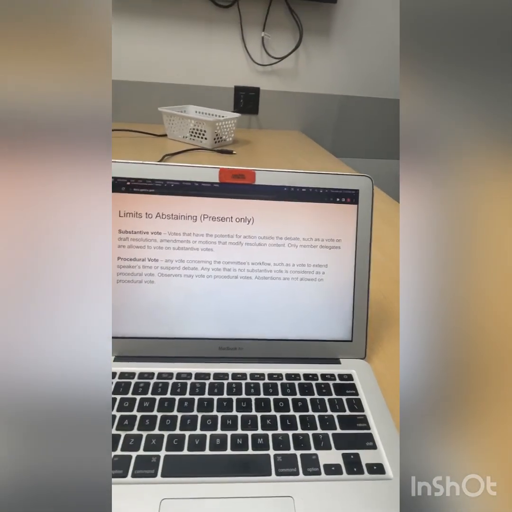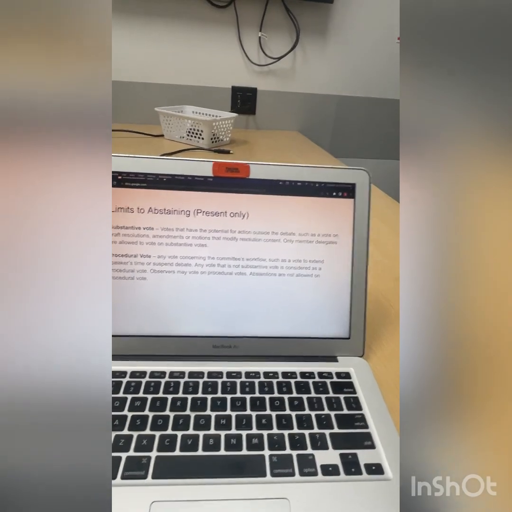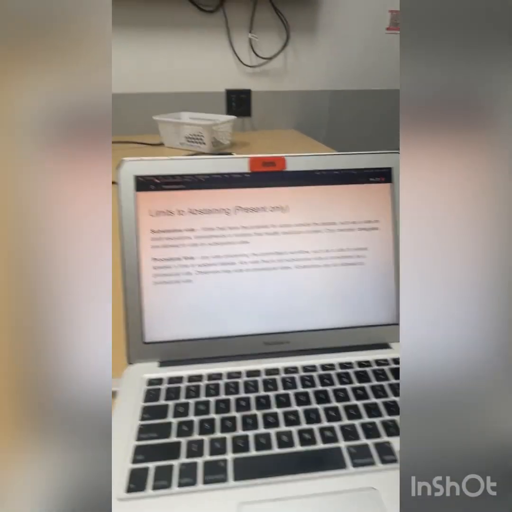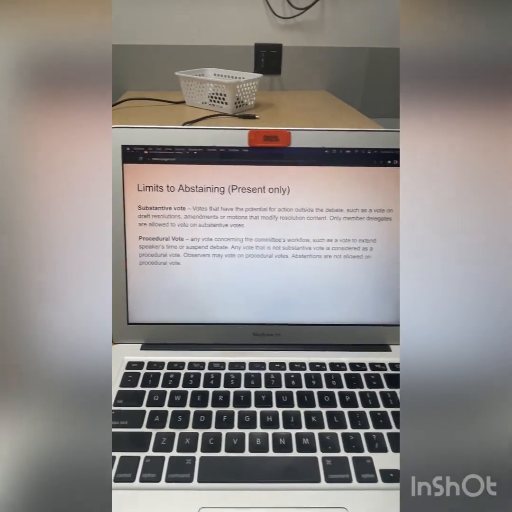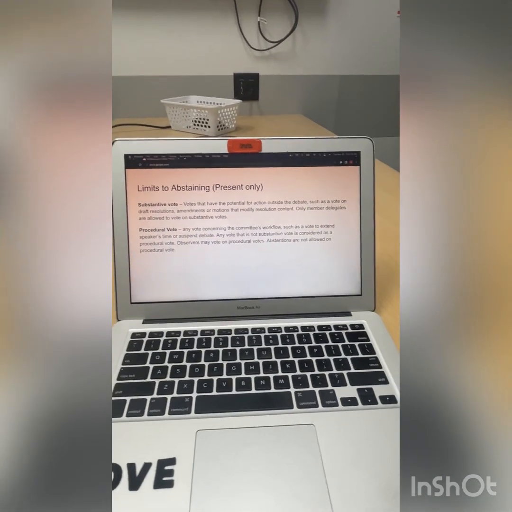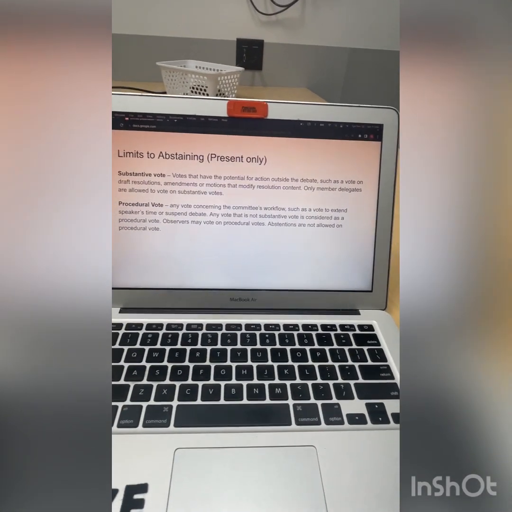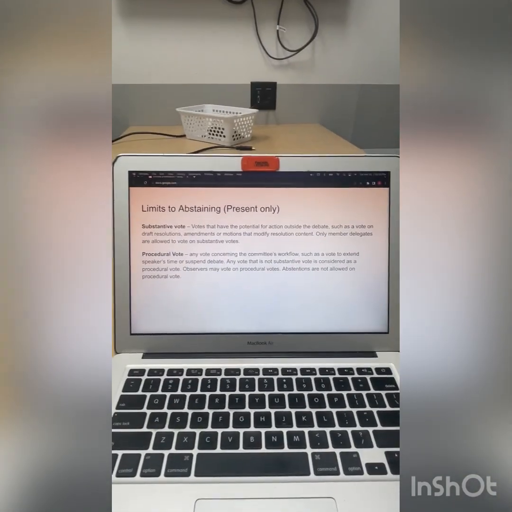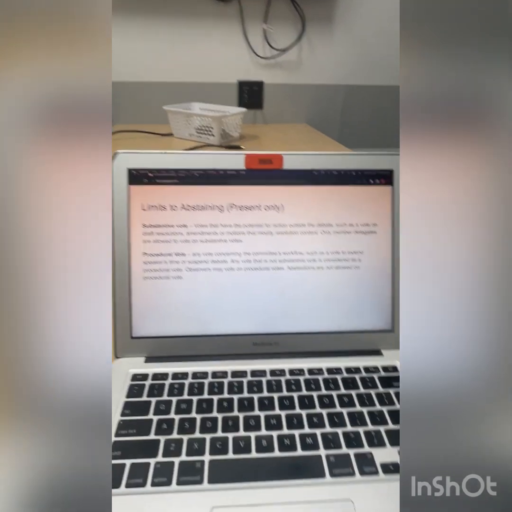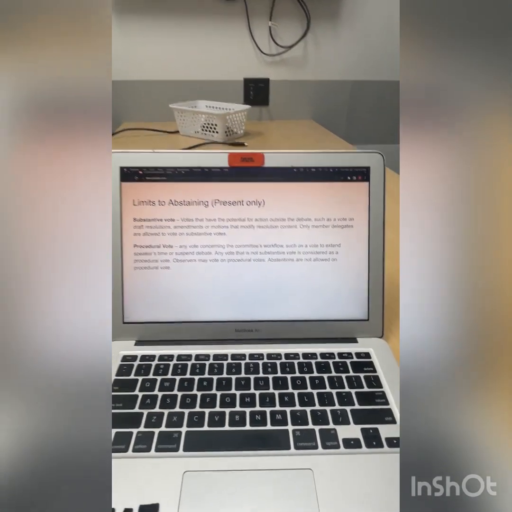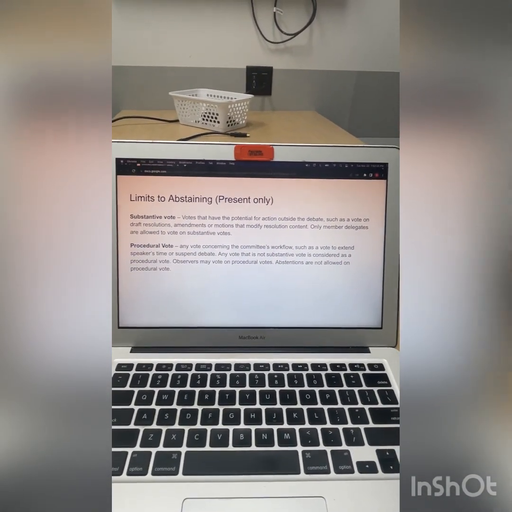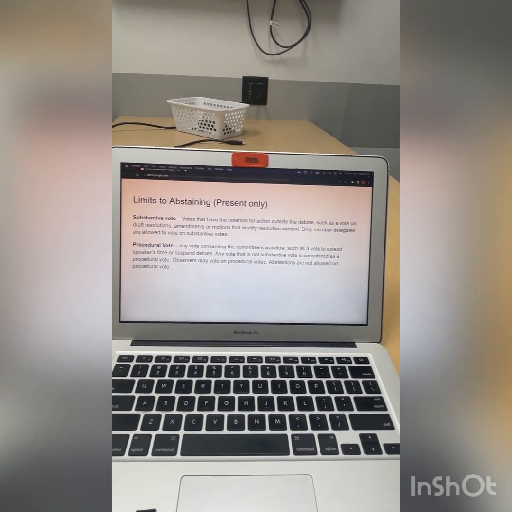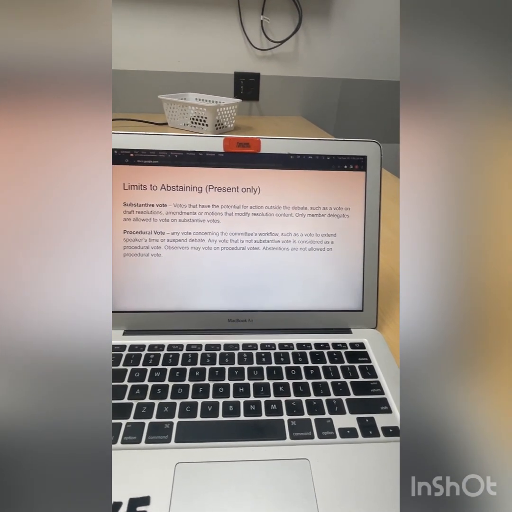Nothing would be progressed if you had 190 people abstaining. Substantial votes are votes that have action for stuff happening outside the debate, such as draft resolutions, amendments, motions, and modifying resolutions. If you are present only, you're allowed to abstain from those.